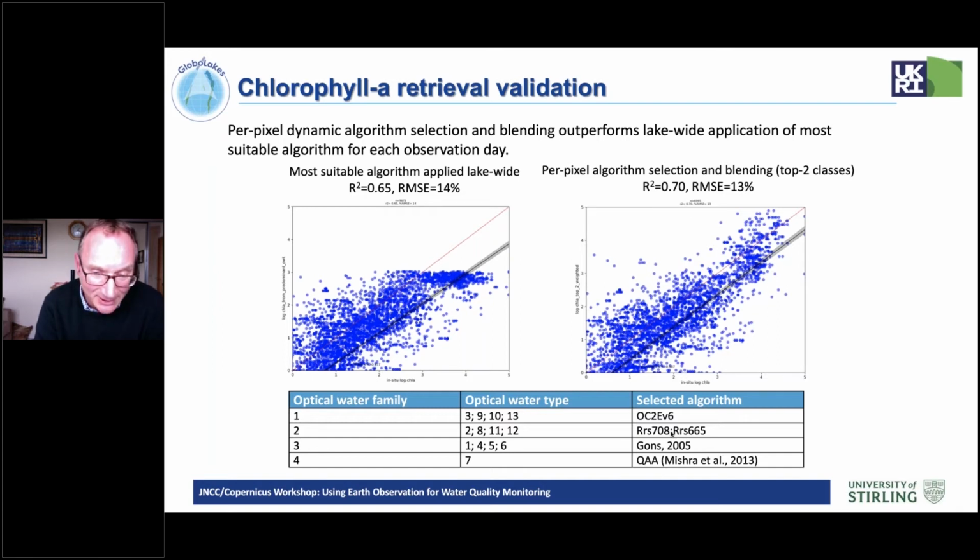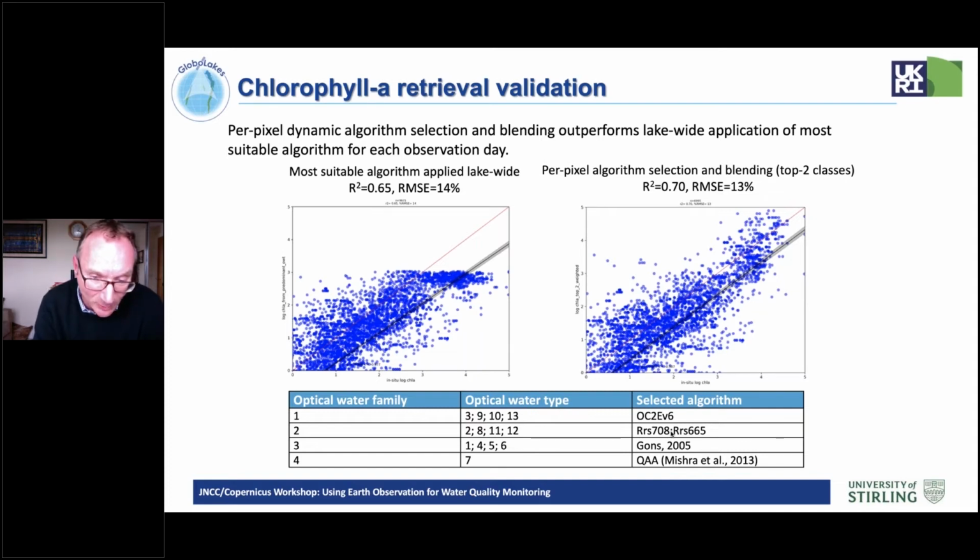Also importantly, we identified algorithms which performed across different optical water types, so we could then produce optical water type families. So for example, optical water type family number 1 here represented essentially optical water types which were either clear or with increasing color dissolved organic matter.